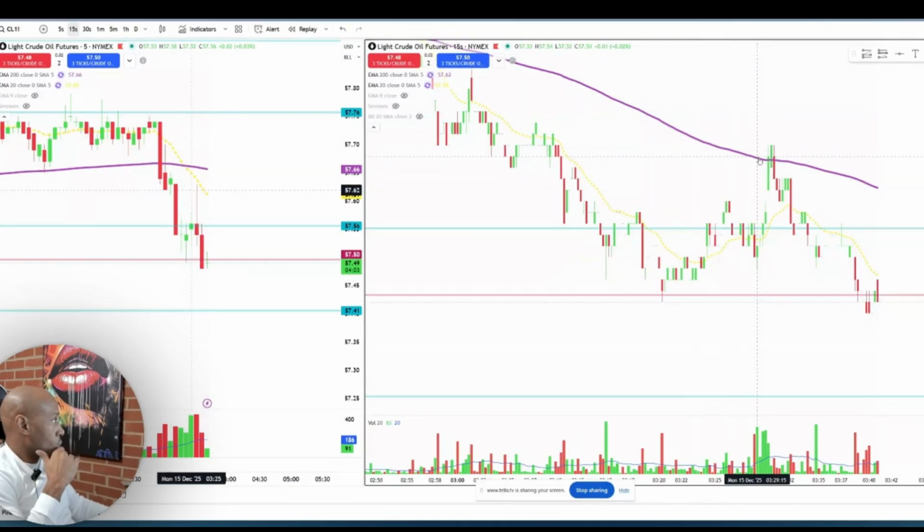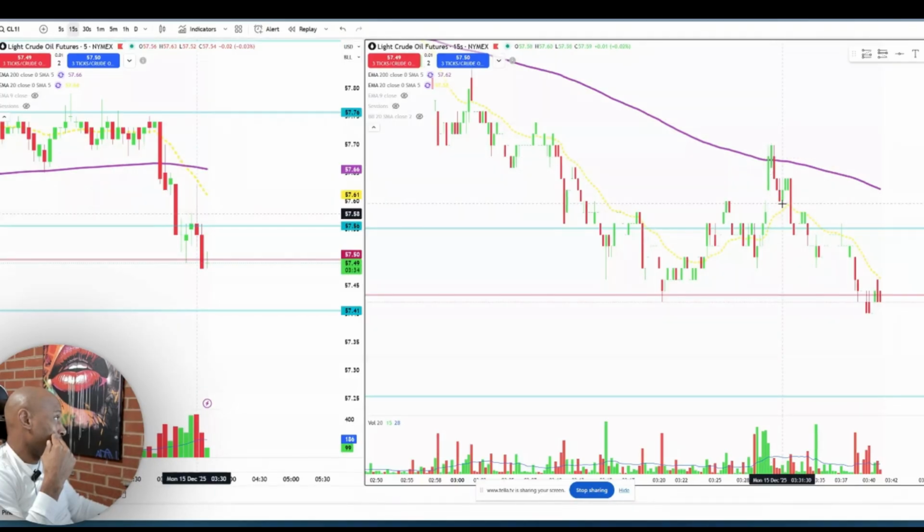They're almost equal. So as far as the location and the pullback on the 15-second, now I'm just getting back into the markets after the last several weeks. I wasn't even trading. So I'm coming in a little smaller and being more cautious. However, that would have been a good pullback.